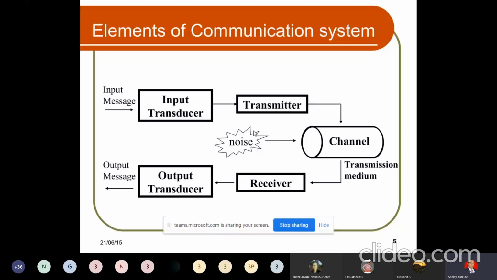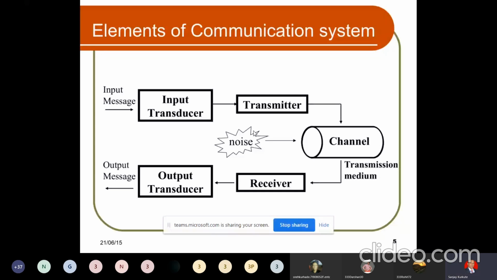Then the transmitter will come in the picture, because our design of communication system depends upon the transmitter. The transmitter again has to transmit the information to the receiver side. So after the transducer, the transmitter comes in the picture.